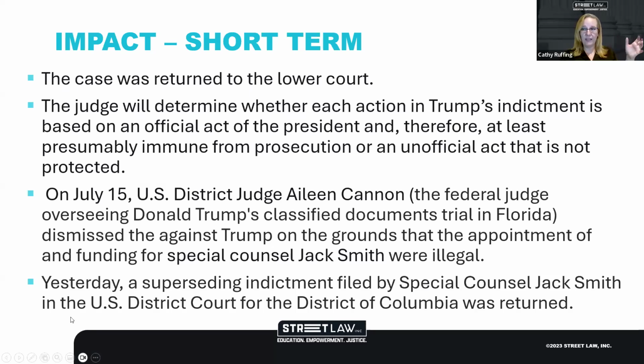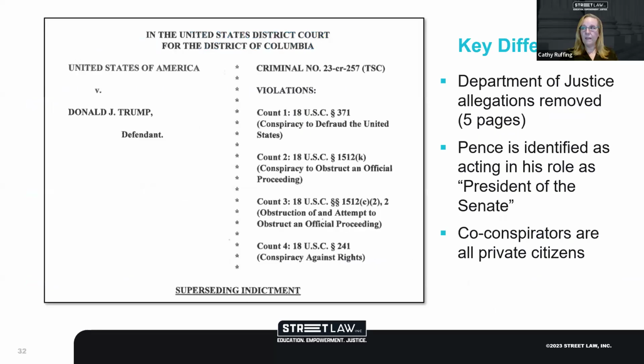And then yesterday, I had to change this slide this morning, updating at the last minute. Yesterday, as Kim mentioned earlier, a superseding indictment filed by Special Counsel Jack Smith was returned by the U.S. District Court for the District of Columbia, with the same four counts.